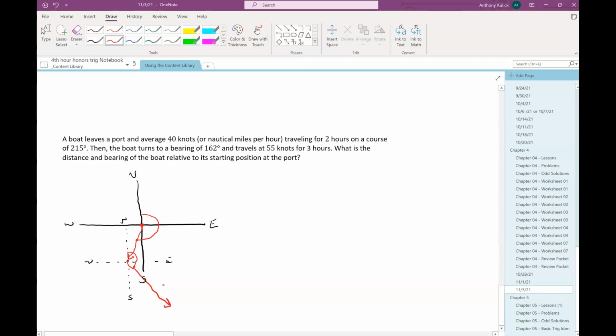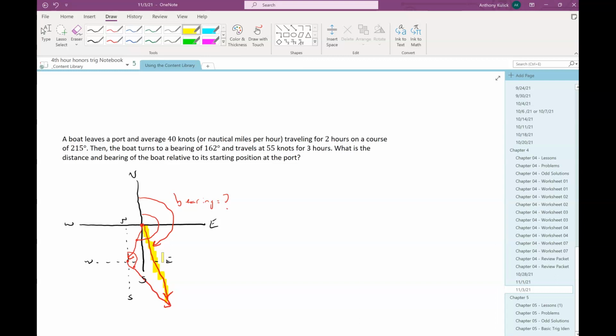That'll get us to here. And then it's asking us, okay, that's our new final position. What is this bearing? And what is the length or the distance from there to there? That's basically what the problem boils down to.